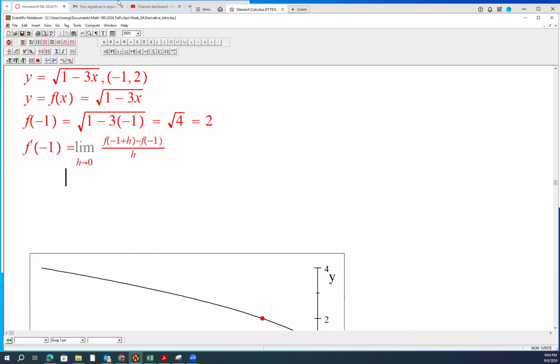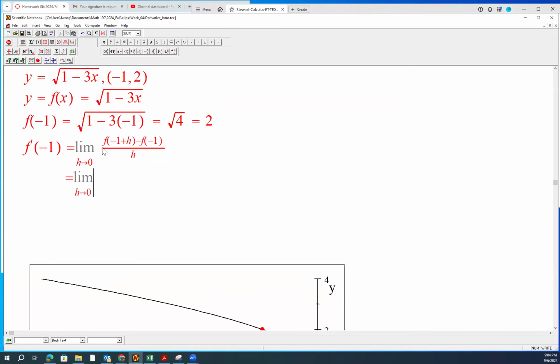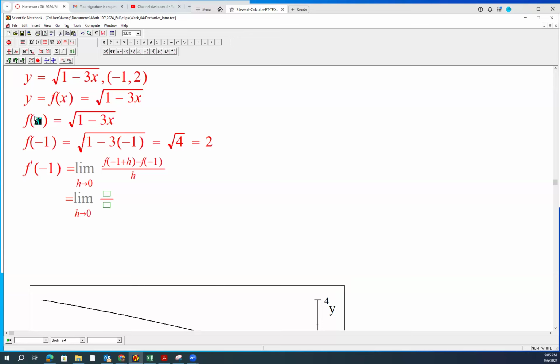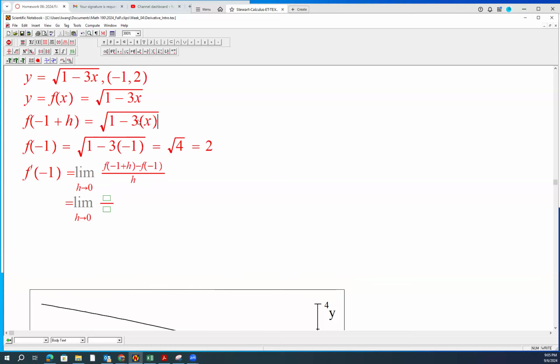Over here, we got this equals the limit, and we're going to plug in f of -1 plus h. So this x will be replaced by -1 plus h.